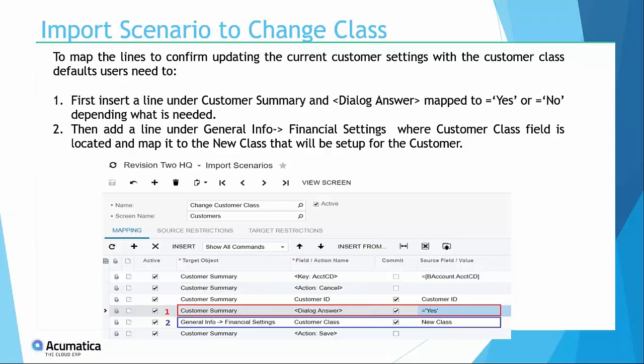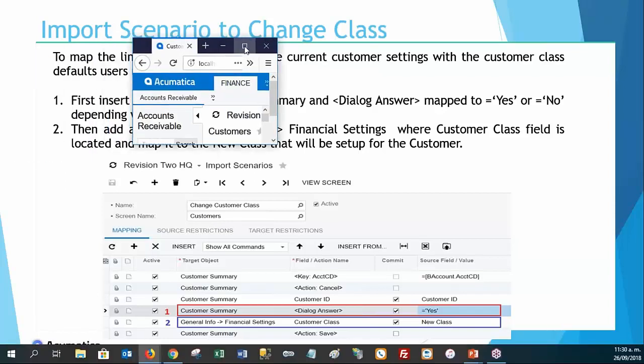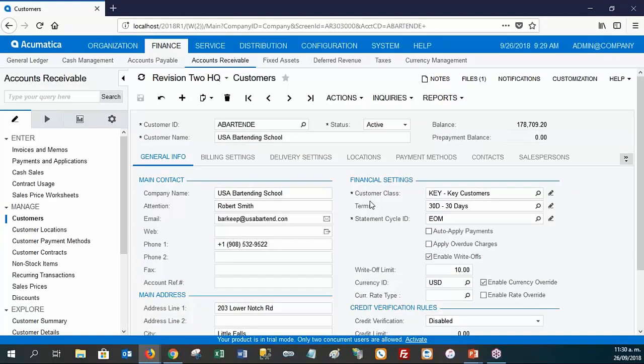When you manually change a record, I will pull my Acumatica instance and show you. It's receivable customers. Okay. So here we have a customer.